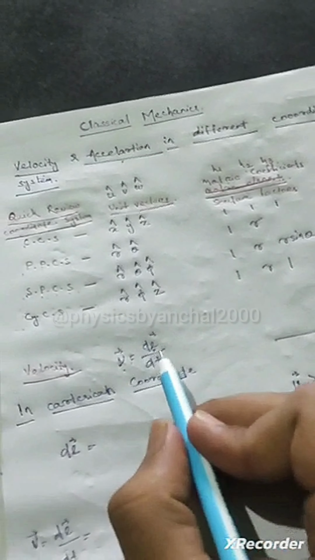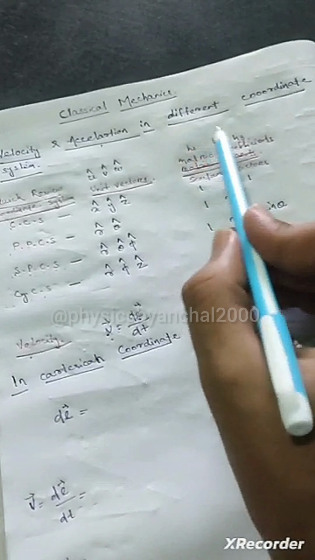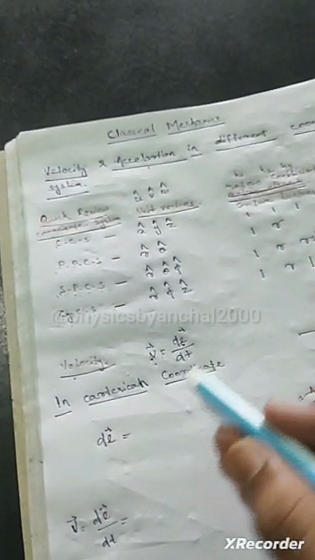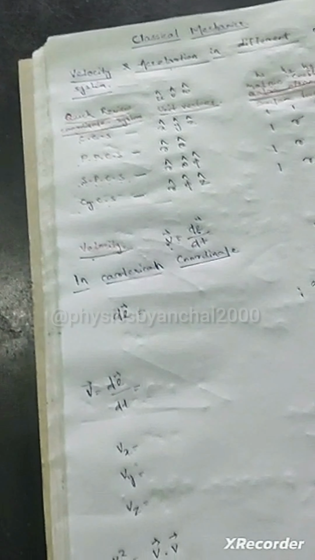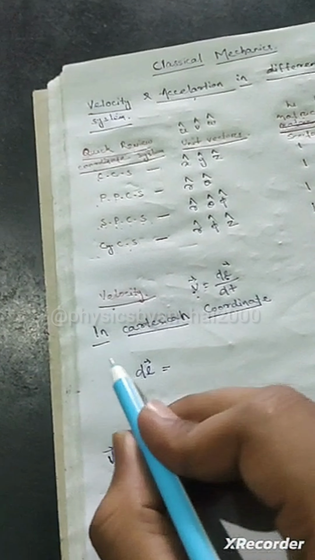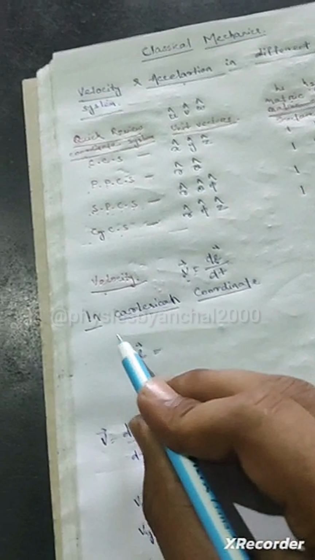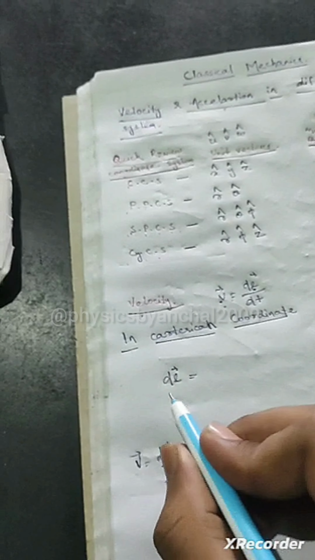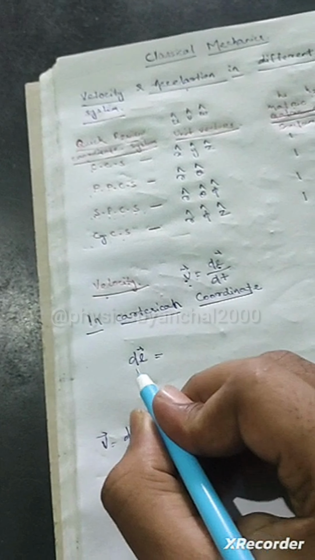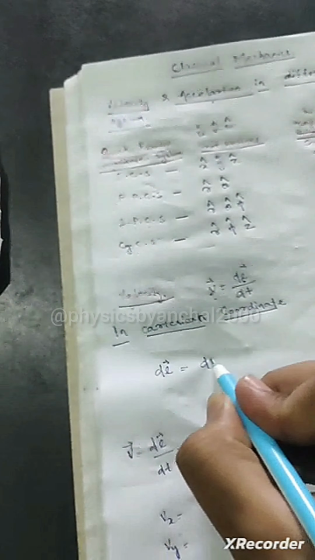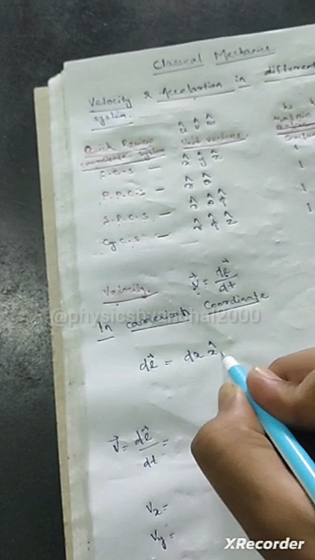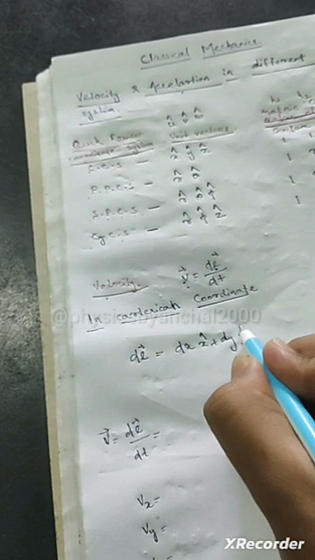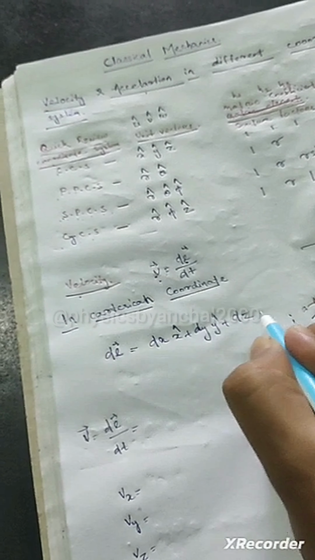So before proceeding to velocity in different coordinate systems, I am going to explain the length element in different coordinate systems. First of all, in the Cartesian coordinate system, what is the length element? The length element will be the dl vector, that is dx x cap plus dy y cap plus dz z cap.